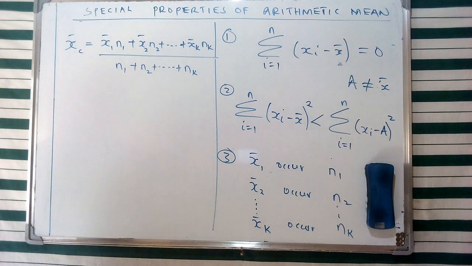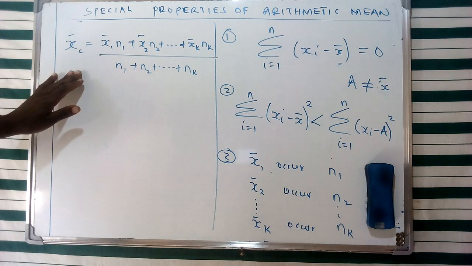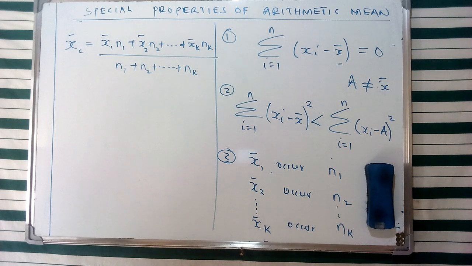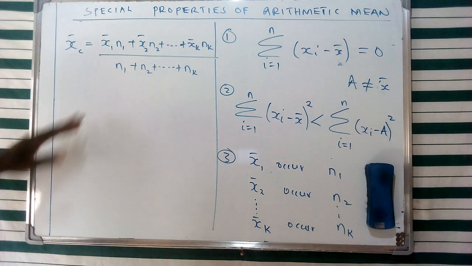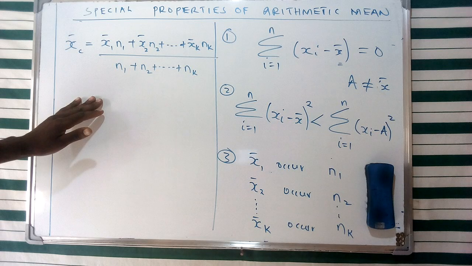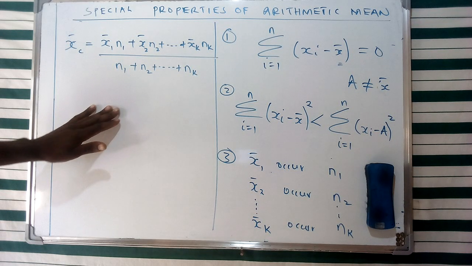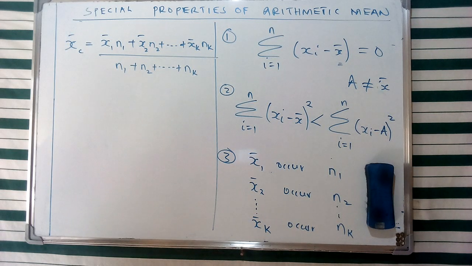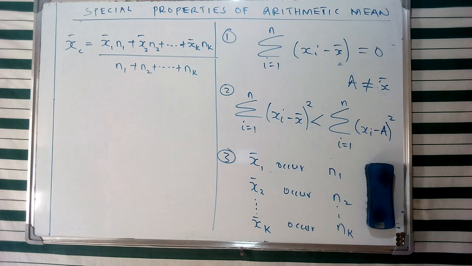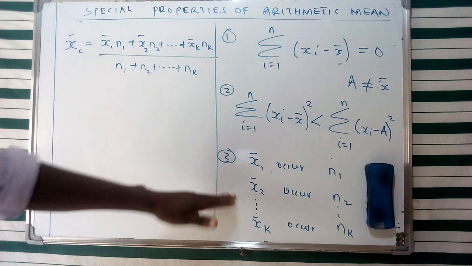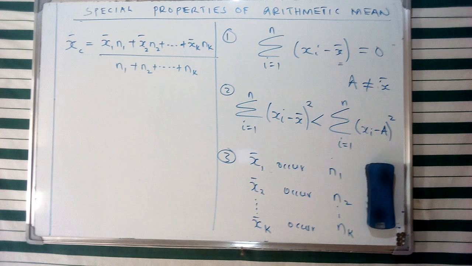So this kind of mean is referred to as the combined mean, and that's going to be one of the properties of the arithmetic mean that we're going to see being displayed. Now perhaps we can use a simple example in trying to evaluate a specific combined mean, and that's going to assist us in trying to comprehend what this third property entails.